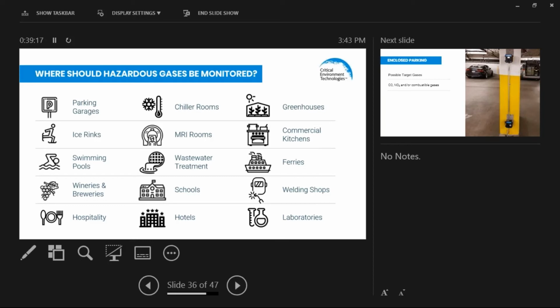Laboratories, greenhouses, commercial kitchens. On both our West Coast and East Coast, the ferries, because of the number of vehicles brought onto those ferries, and the fact that some folks during the wintertime will keep their vehicle running while they're on those ferries.